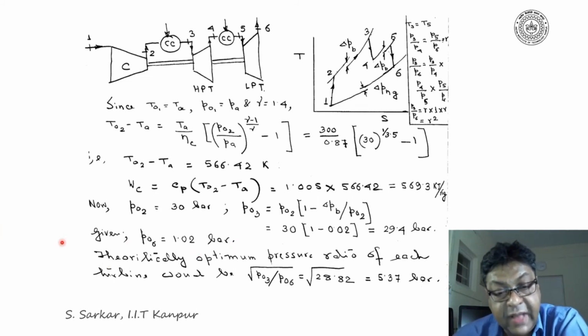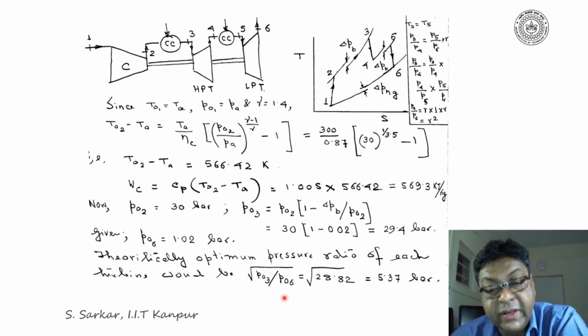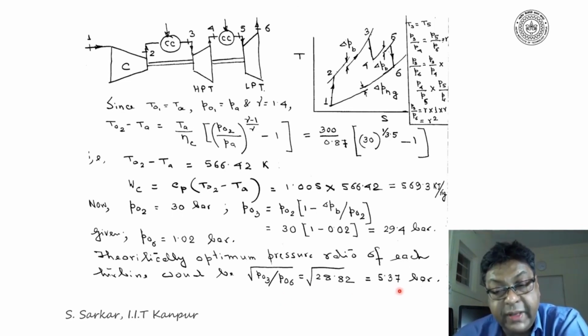Now I can say that theoretically the optimum pressure ratio for each turbine would be root over P03 by P06. I know total pressure at the state point 3 and I know total pressure at the state point 6. Just I can evaluate root over P03 by P06, which has given me 5.37. That means work output would be optimum when the pressure ratio for each turbine would be around 5.37 bar.